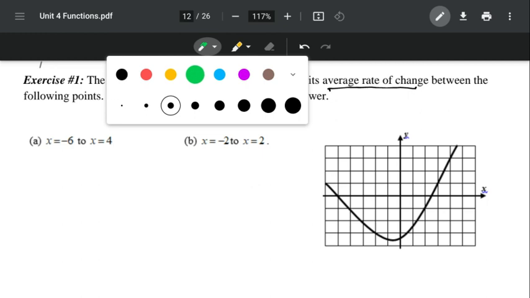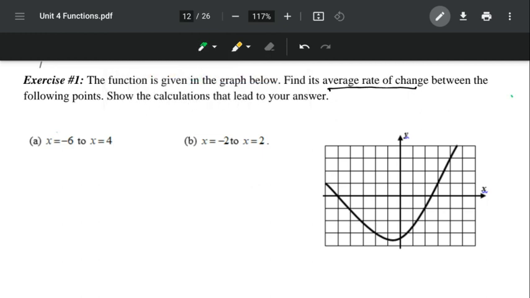So let's get a different color going here. Now it says x equals negative 6. So here's my origin, 1, 2, 3, 4, 5. So this is the point negative 6, 1. So what we're doing is we're using our x number to find the corresponding y part to make a point.